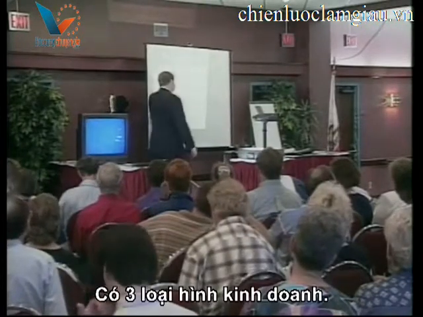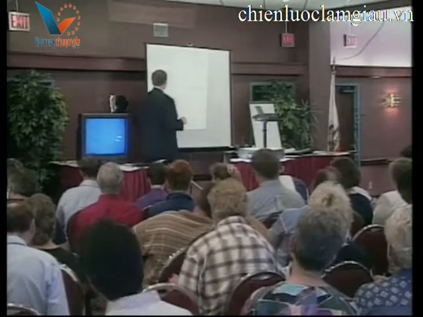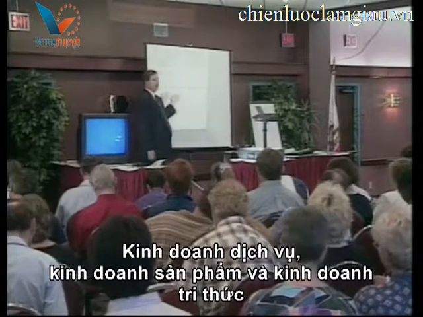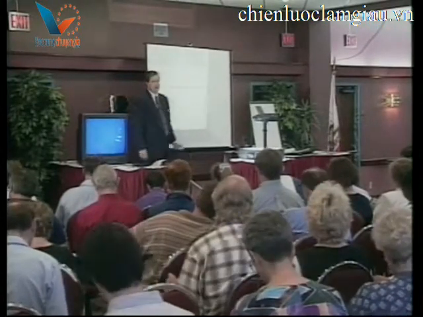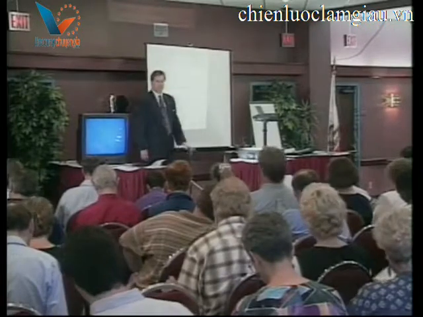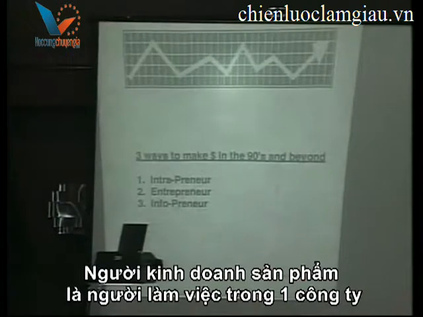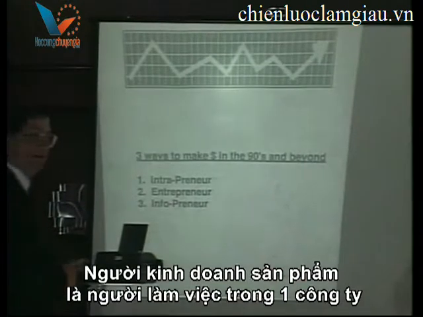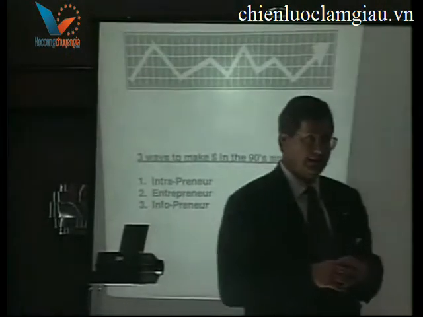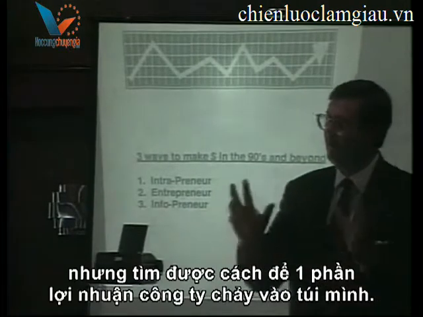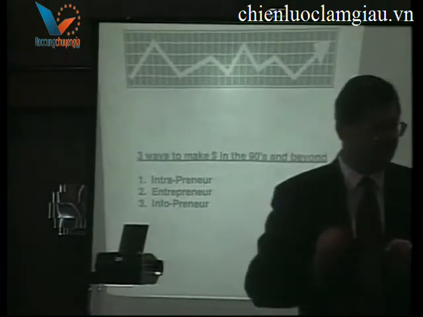Now, the three kinds of preneurs: one's an intrapreneur, one's an entrepreneur, and one would be an infopreneur. Differences between those three. An intrapreneur is a person who works in a company but figures out a way for part of that company's profits to flow to them.